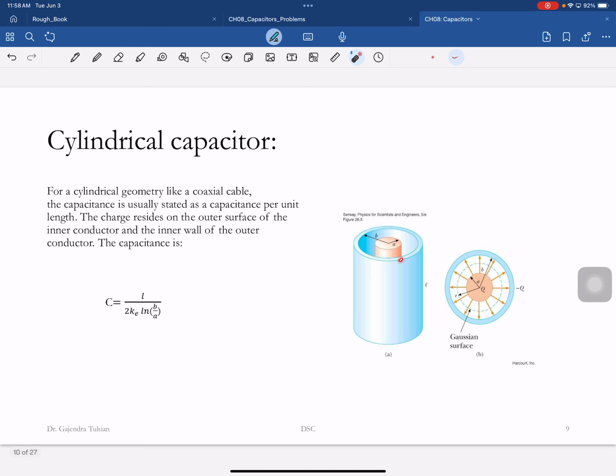For this one, the charge will reside on this inner surface and the outer surface there. For a cylindrical geometry, the charge resides on the outer surface of the inner conductor, and the inner walls of the outer conductor. So here's the capacitance for length L, log of B over A.